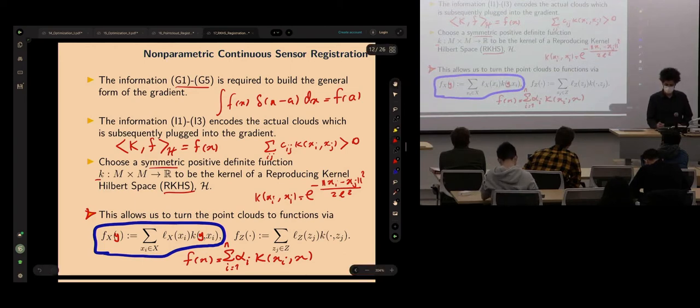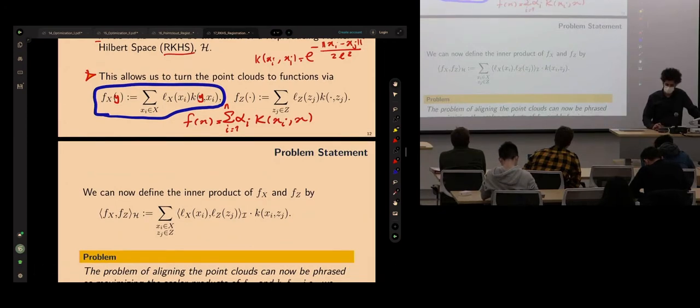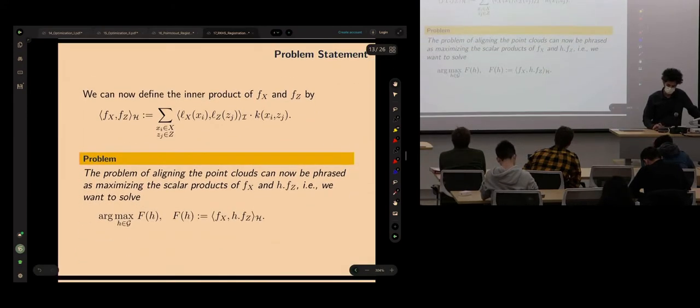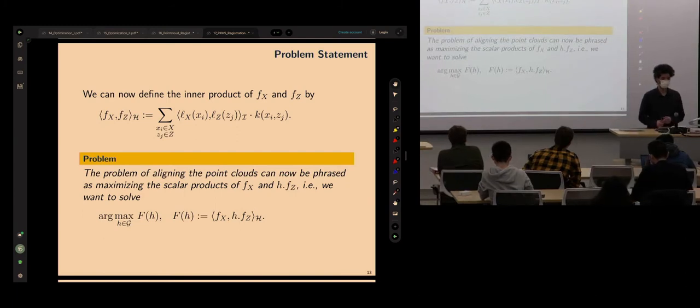So we do the same thing for the z cloud. Now we turn the entire point cloud into a single object with as many points as we want. Now one reason we need this structure of inner product space is that we need a reason to talk about alignment.